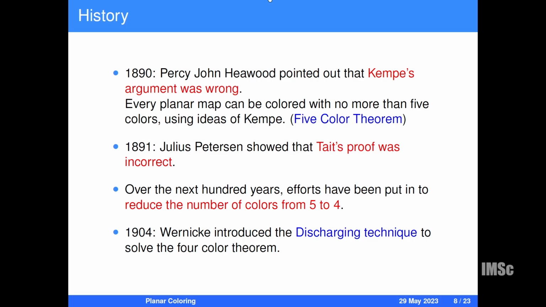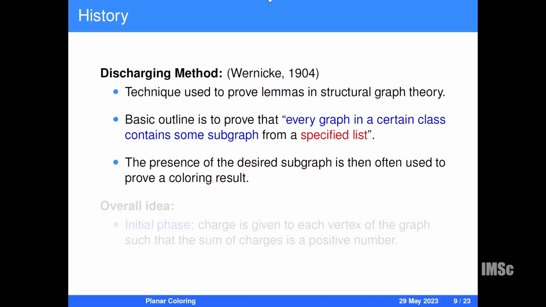Let's look at this discharging technique at a high level. This is a technique used to prove certain things in structural graph theory. The basic outline is that you need to have a list of subgraphs.